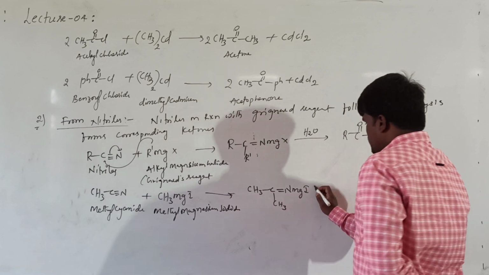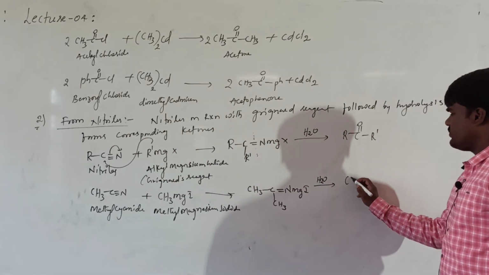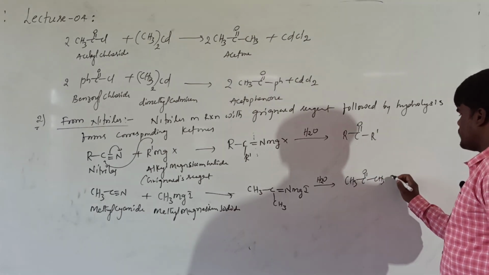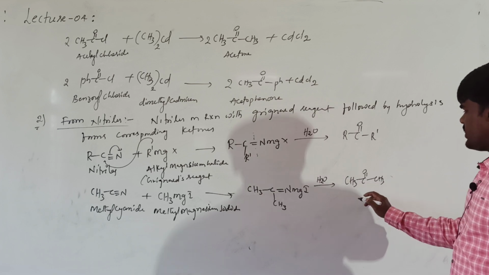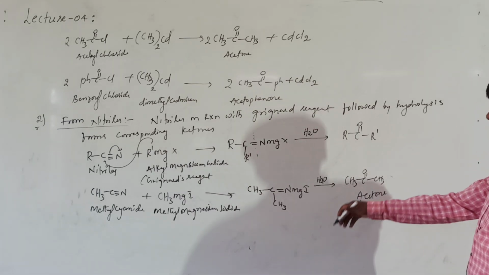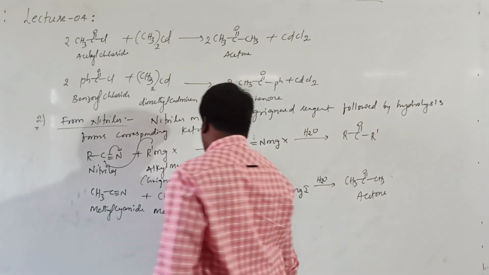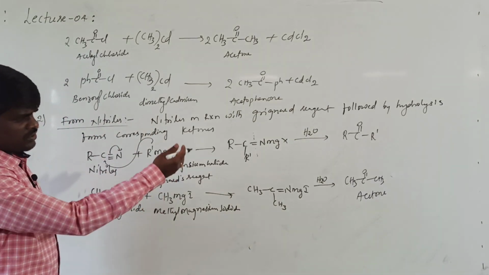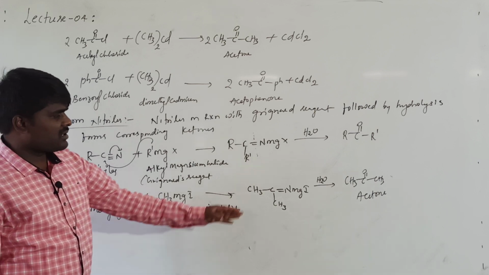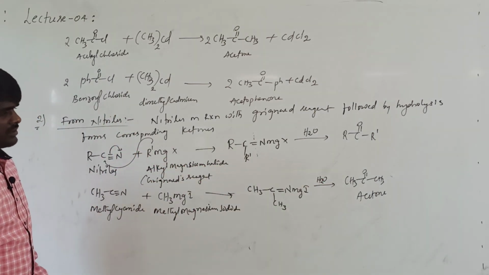This imine intermediate on hydrolysis will form CH3 C double bond O CH3, it will form acetone. You will get ammonia as well as magnesium hydroxide iodide. Okay, this is only the product that we are concerned with. We are not concerned with the byproducts. On further hydrolysis you will get ammonia as well as magnesium hydroxide, right?